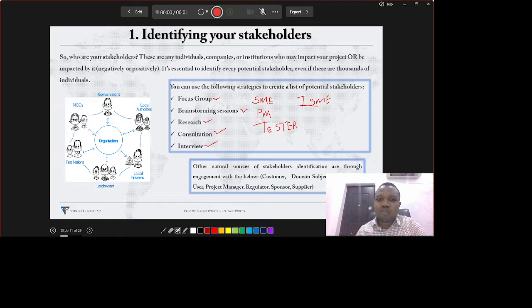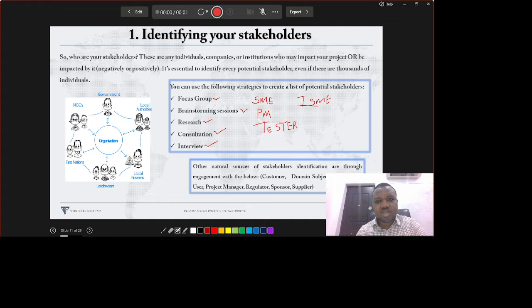So I'll equally speak about how you can use existing stakeholders to identify more stakeholders in your process discovery work. For example, other sources of stakeholder identification are interactions with your sponsors. The sponsor is able to tell you who you need to draw into your process discovery and requirement elicitation efforts.